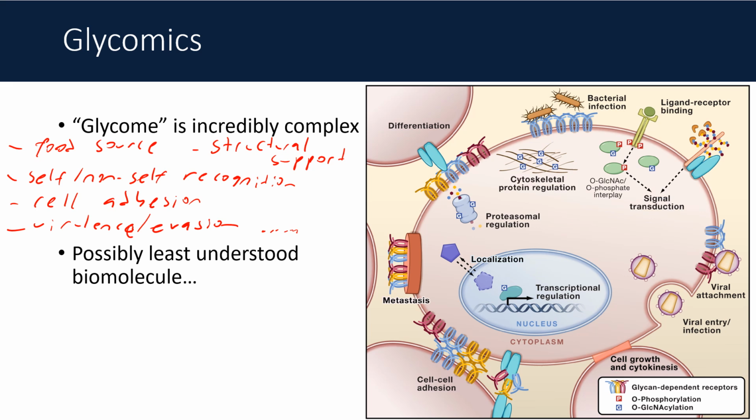And there are therapeutics in development that target that aspect of cancer. And because these carbohydrate chains can be so varied and so branched and so diverse in their functionalities, carbohydrates are probably the least understood biomolecule in biochemistry.